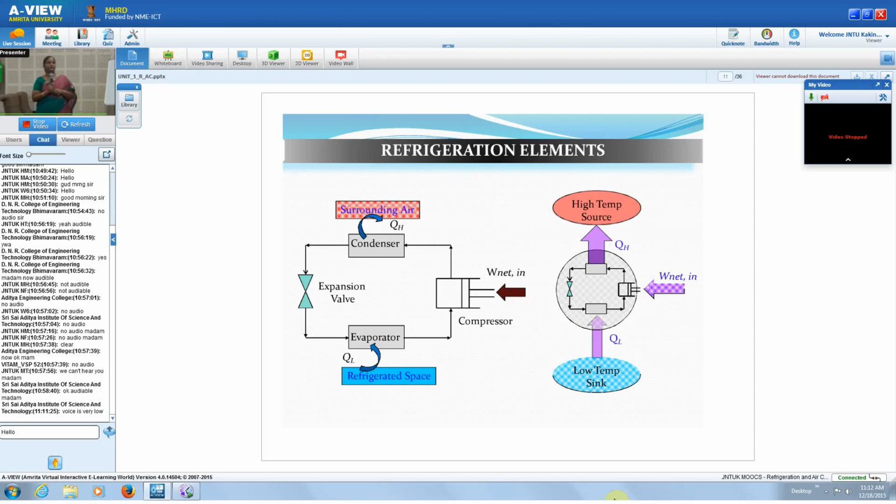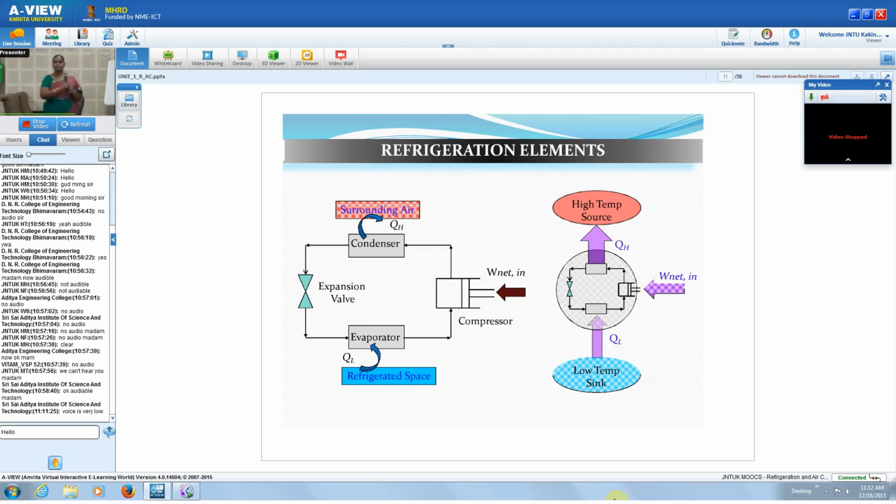So the various components required for refrigeration are the compressor, condenser, expansion valve or expander, and an evaporator. In the compressor, the air pressure and temperature will be increased, and because we require high pressure, the fluid is condensed in a condenser.